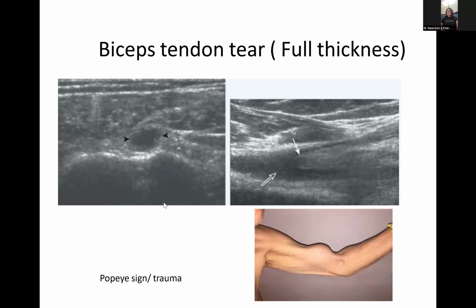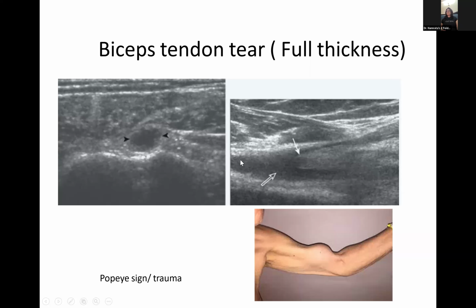Okay, so sometimes there is this Popeye sign. Till now I have seen only one patient in my lifetime who presented to me with a complete biceps tendon tear. In between the greater and the lesser tuberosity, the groove will be empty.